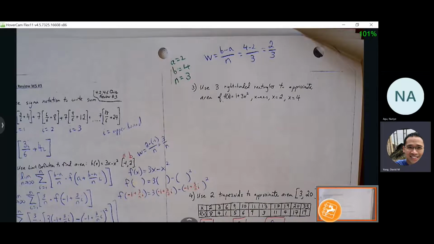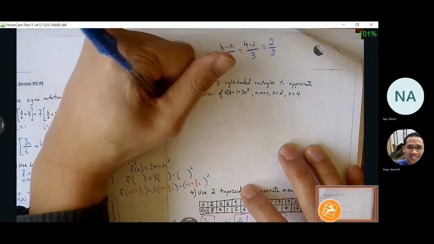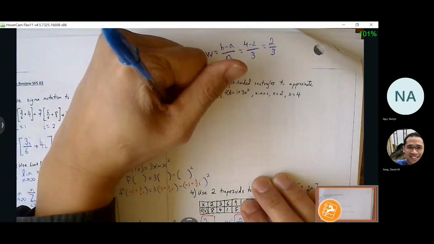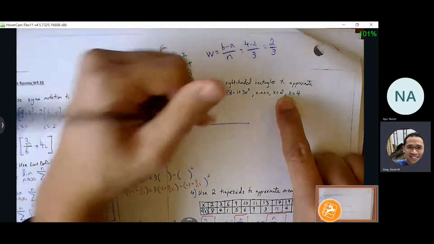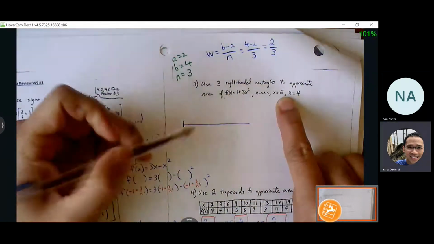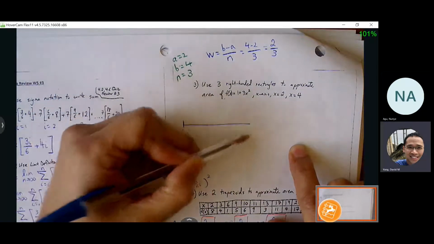We just now have to build our subintervals from the left endpoint. Okay. We know we're starting at 2, and we're going to keep adding 2/3 until we reach 4.